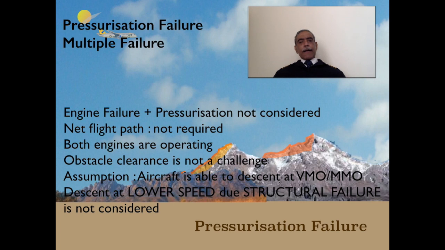Now, when a rapid decompression takes place in an aircraft, the idea is to descend to a lower altitude as soon as possible. The operations manual is going to enumerate actions in such a way that the aircraft will increase speed up to VMO/MMO, and lower the speed brakes so as to achieve a maximum rate of descent.